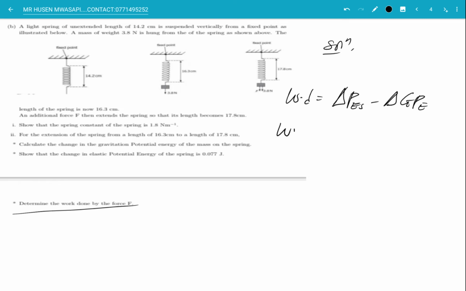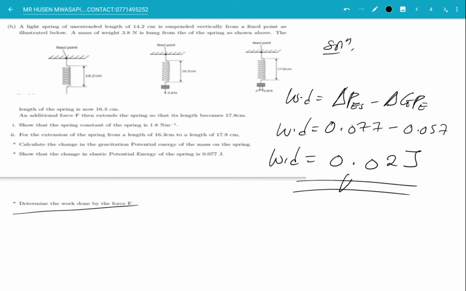So work done is equal to the change in elastic potential energy, which is 0.077, minus the change in gravitational potential energy, which is 0.057. If you compute this, the work done will be equal to 0.02 joules, and this will be the final answer.